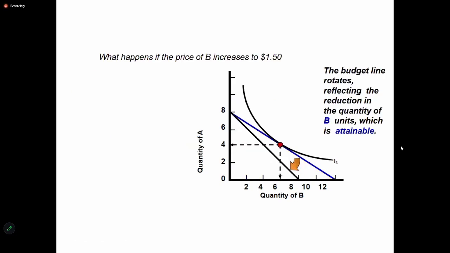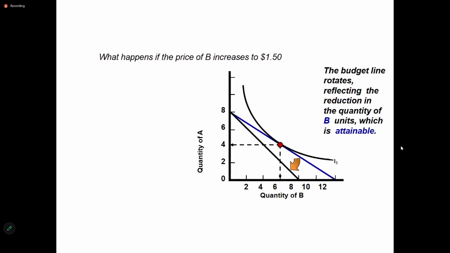In the same way, now price changes. When the price increases, the curve shifts to the left, the same thing we discussed earlier. This is the indifference curve, this is the budget line, and this is the equilibrium point. But when the price of B increases, the budget line moves to the left.